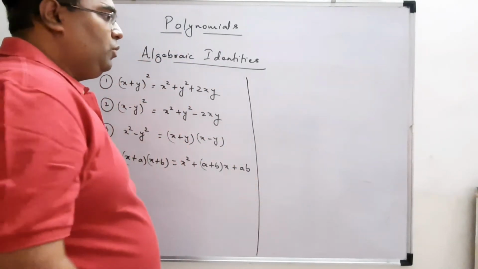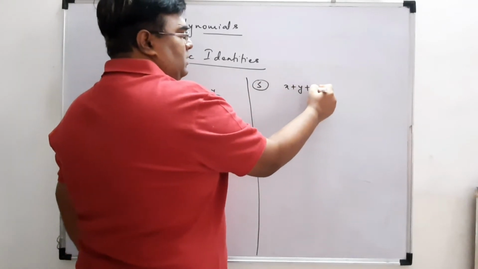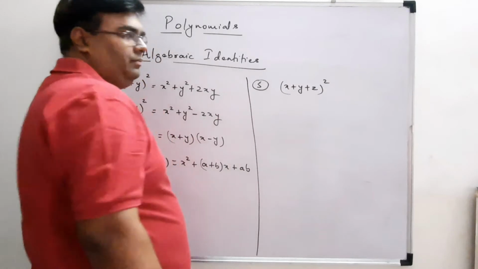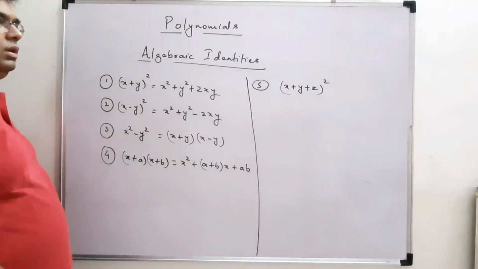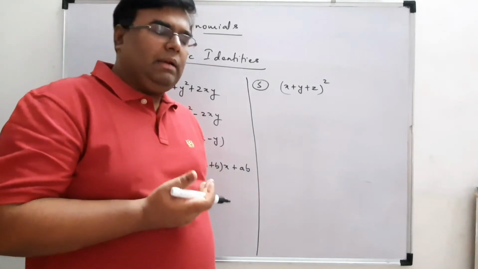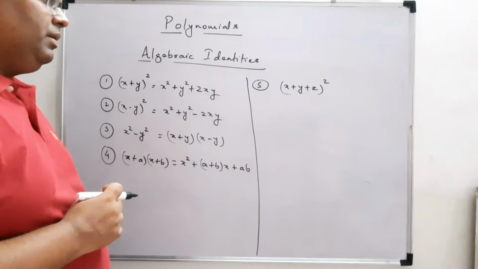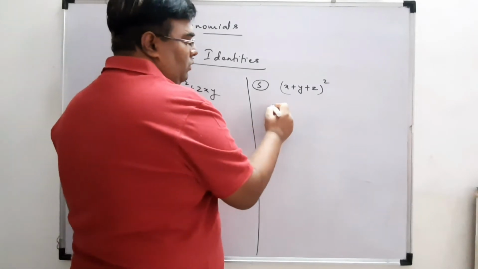Suppose we have (x + y + z)². Now either you learn it, or if you know how to expand it, that will also work. But if you learn it, it will save your time here. So see how to learn this.